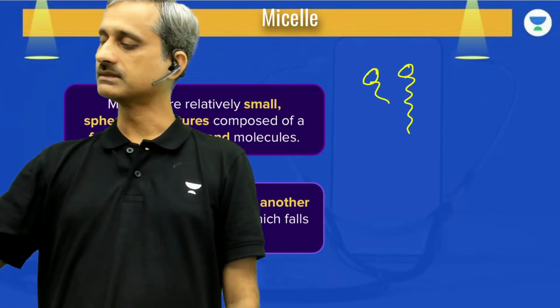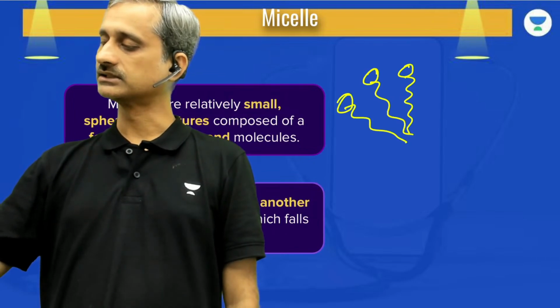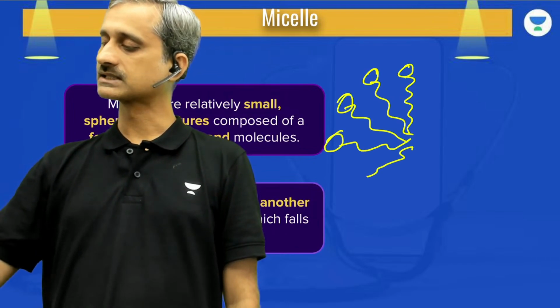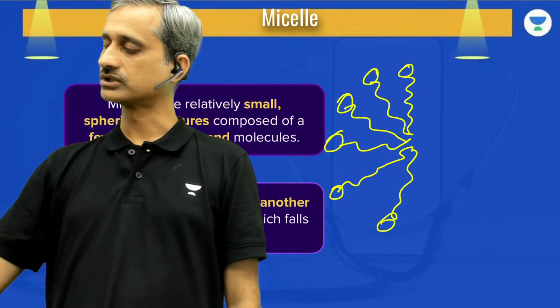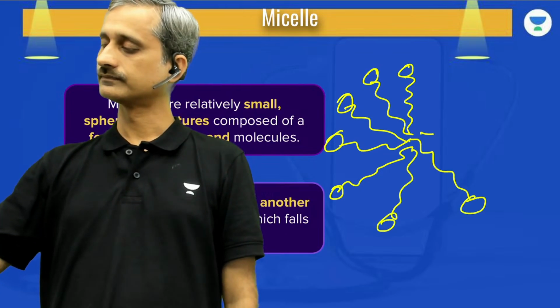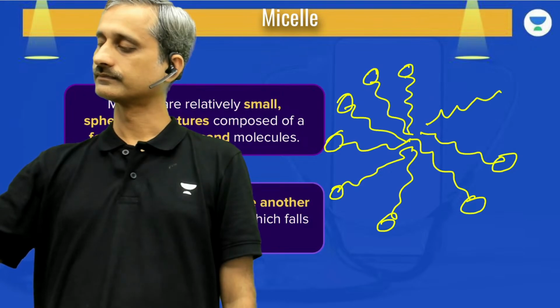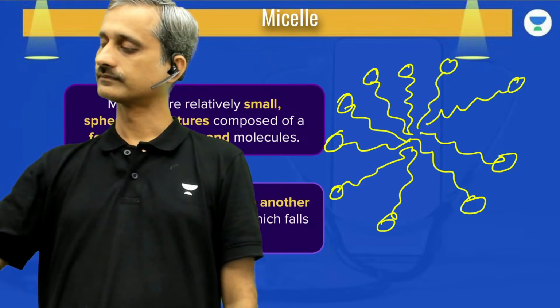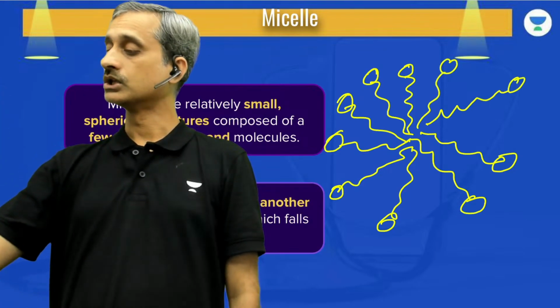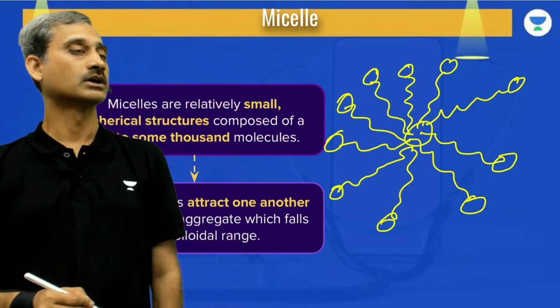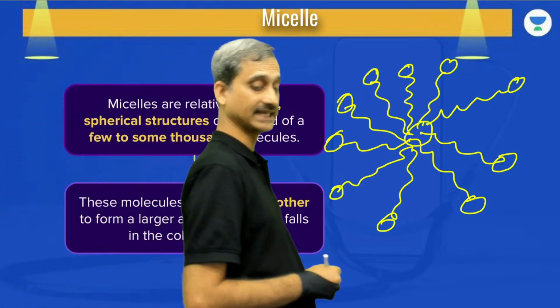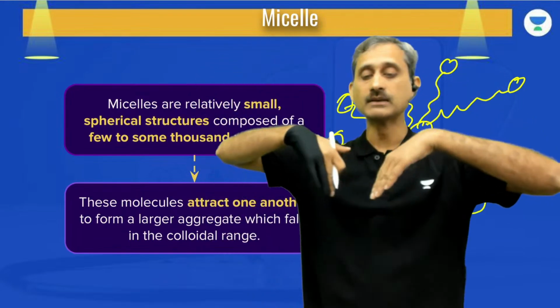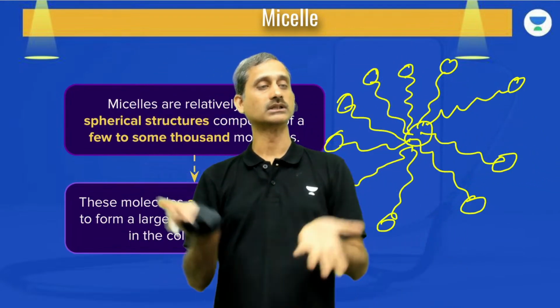So these molecules join with each other, forming a small spherical structure. The lyophobic tails are within the micelle while the heads are on the surface.